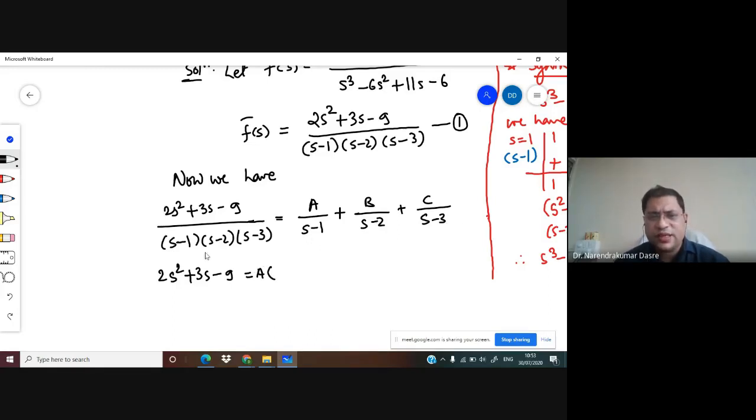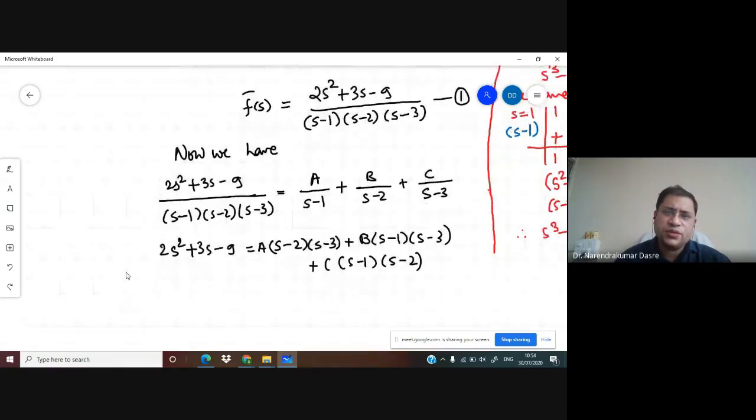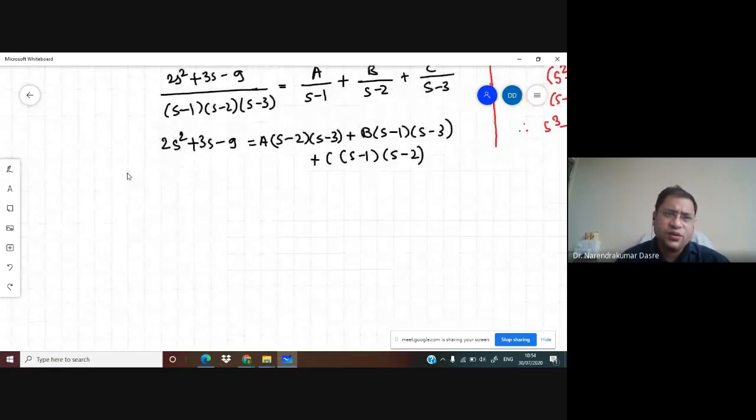So we'll have A into, this s minus 1 will get cancelled, what will remain is s minus 2, s minus 3, plus B into, s minus 2 will get cancelled, and you will have s minus 1 and s minus 3, plus C into, s minus 3 will get cancelled, so it will be s minus 1 and s minus 2.